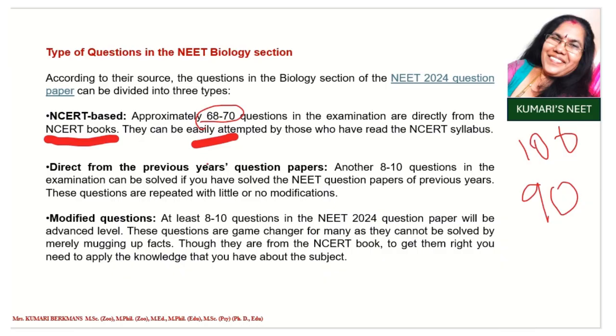And from the previous year question papers, 8 to 10 questions come. So 70 plus 10, that is 80 questions, are coming from the NCERT book as well as the previous year question papers.